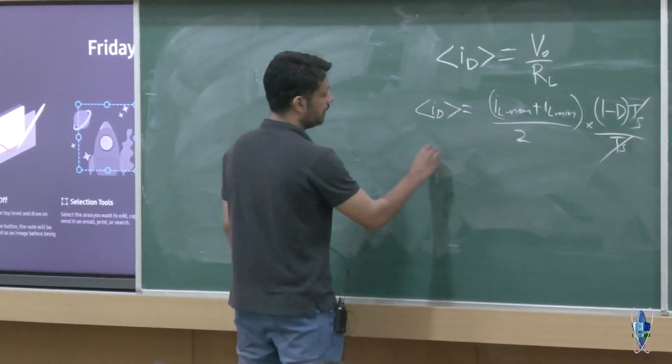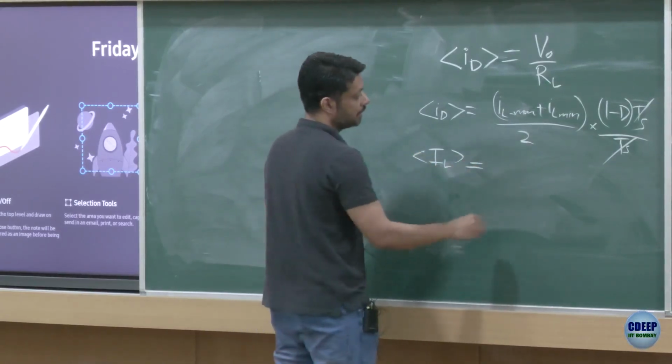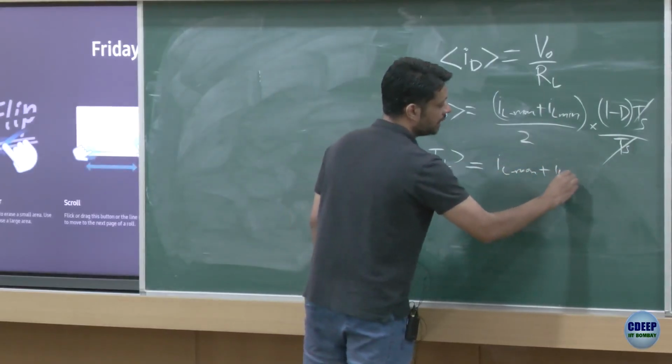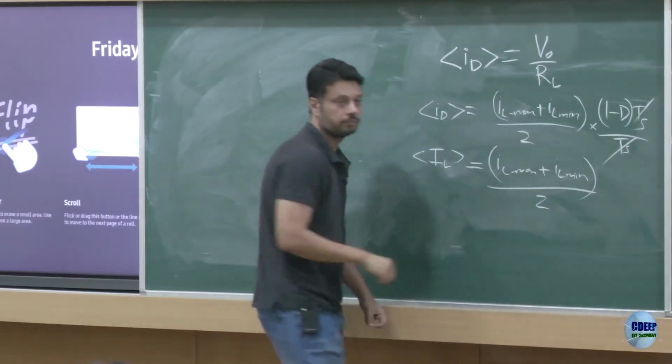And what about the inductor current average value? The inductor current average value is nothing but IL max plus IL min upon 2.